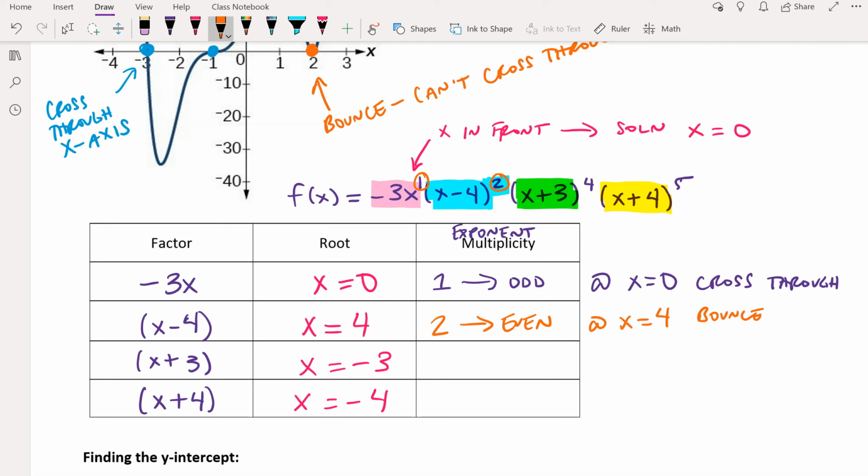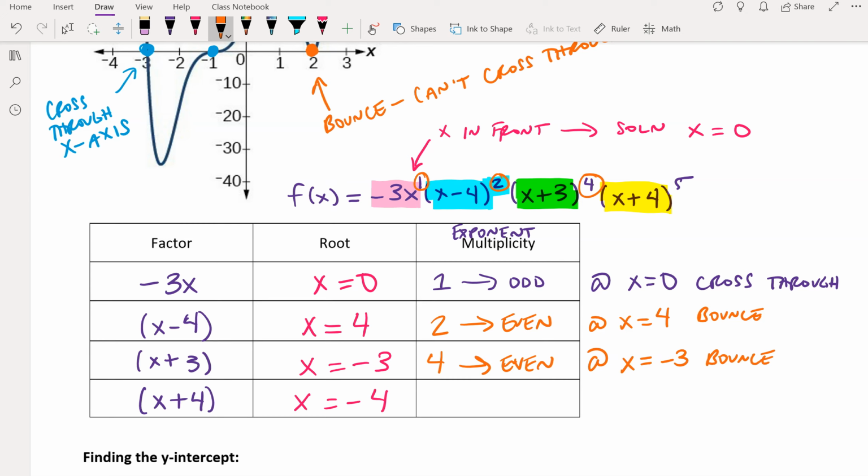Let's go to x equals -3, which came from the x plus 3 factor. What is my multiplicity? 4, and 4 is even. So at x equals -3, we're going to bounce again off the x-axis.